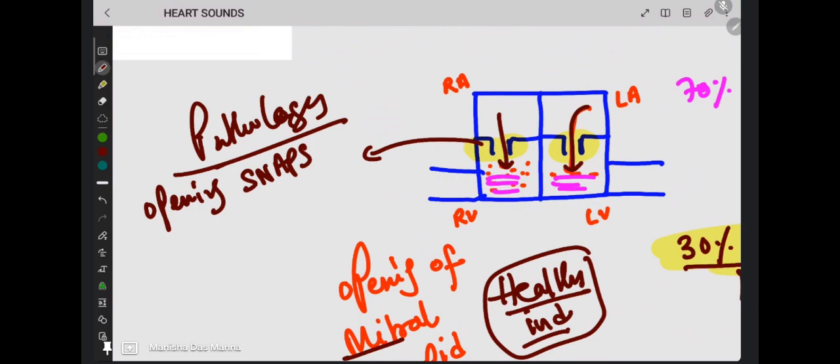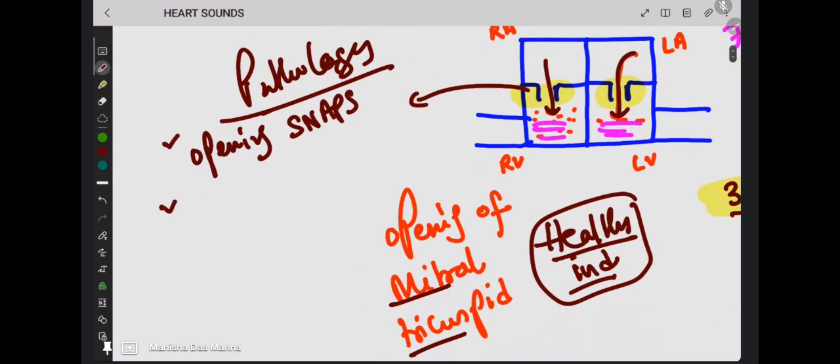Opening snaps means during the opening of the mitral and tricuspid valve, there is a sound which is pathological, and this is called a snap.